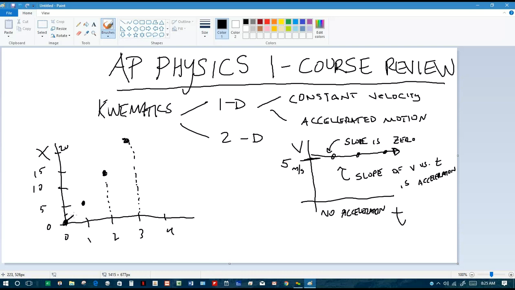And when we did that graph, the linear one would have looked more like this. And that gentle curve, the curve indicates that object accelerating.